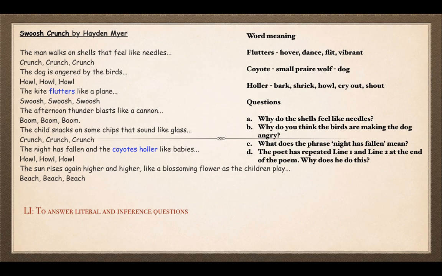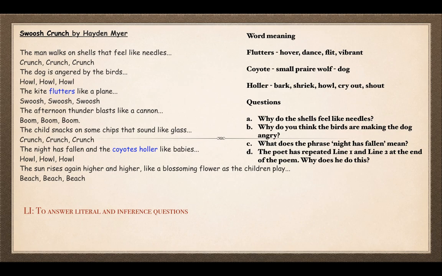Right, the word below that is coyote. In America, they have a small animal which is a very small prairie wolf, and it's very similar to a dog. So it's related to the wolf family, and the wolf family are part of the dog family. And the last word is holler.